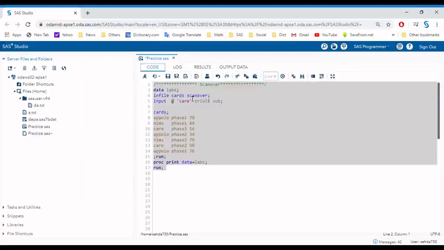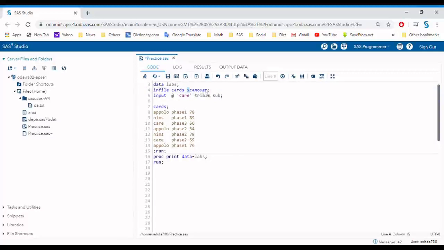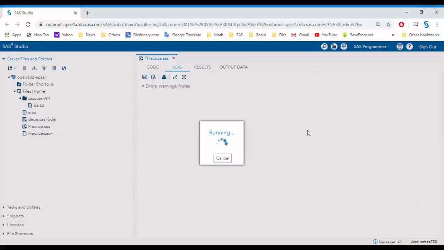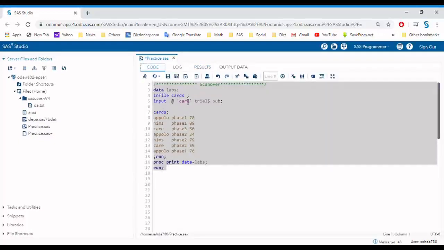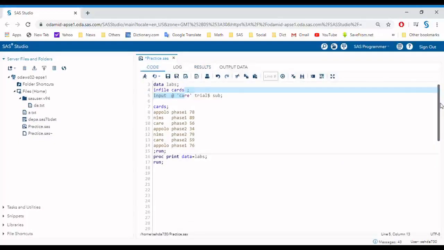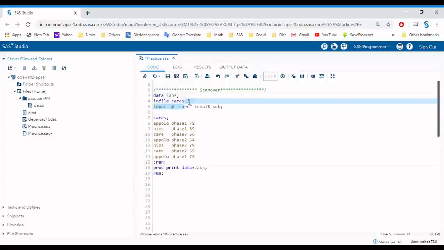And even if you do not write this scan over here, it will still work. So see, same thing. There is no use of having that. Which is why I said that we generally do not use it in the file. We directly use it in the input. Okay, so this is how it works.